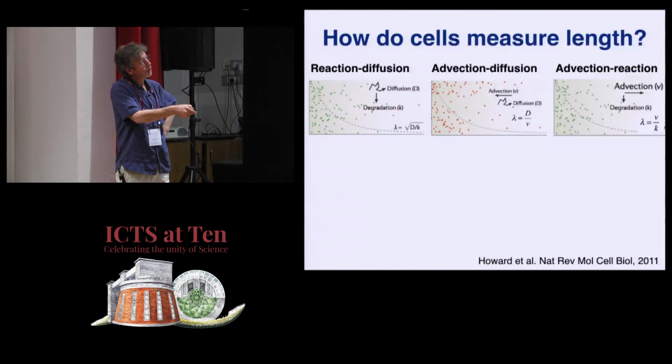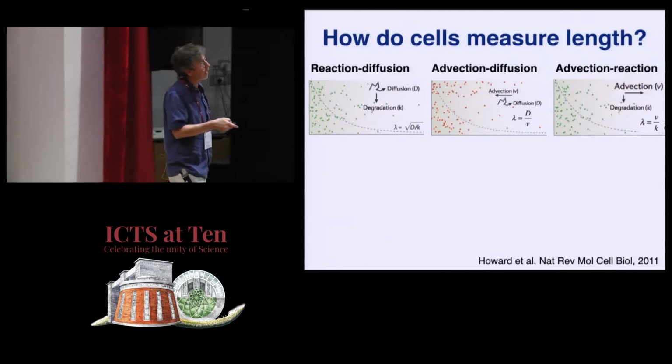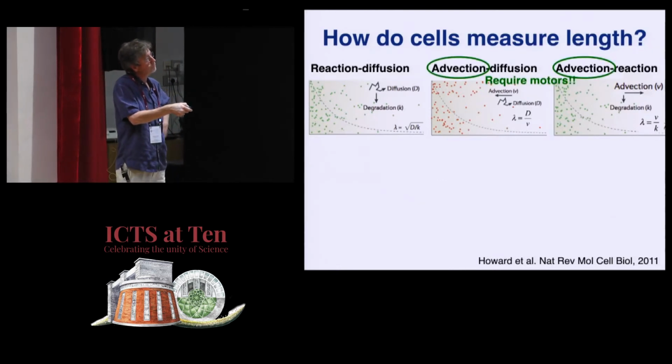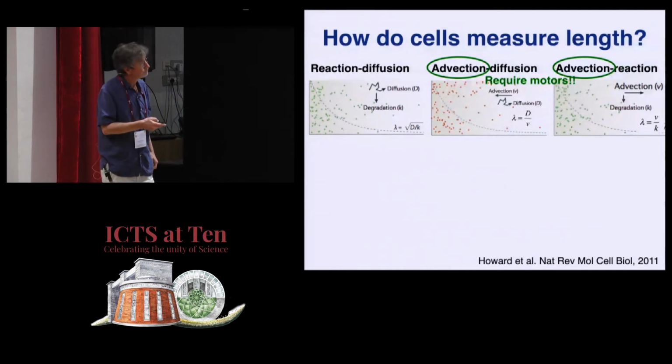And likewise, if there's advection moving in this way, from a source here, and degradation, then there will be a gradient with a length determined by that. So what you see is that by having motors that can give rise to directed motion, you can get different length scales in systems.